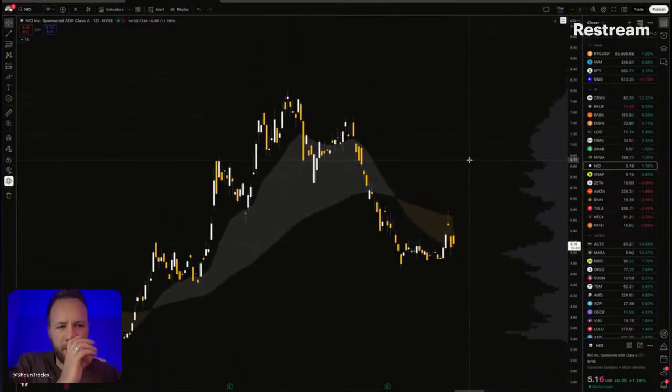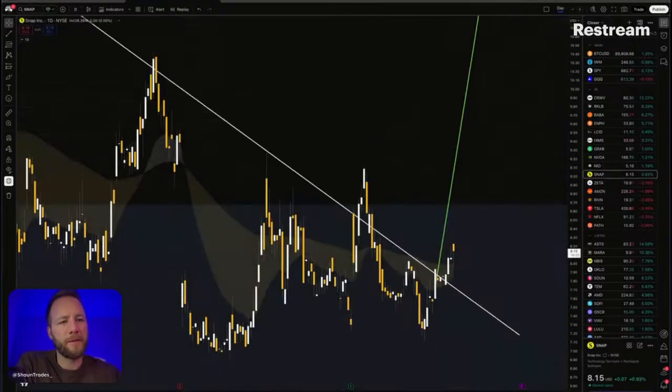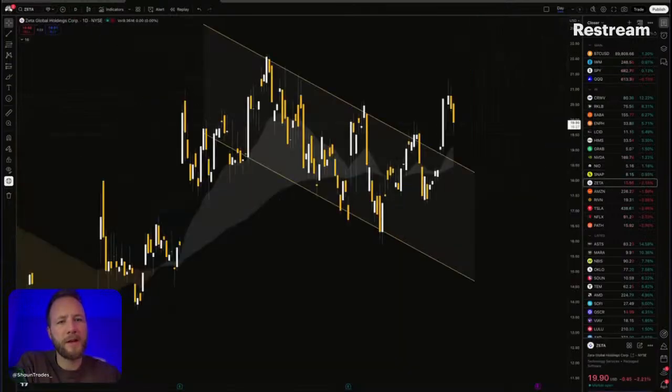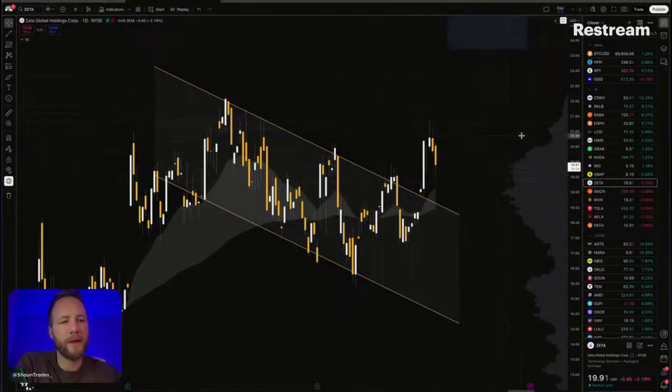Looking forward to seeing how this one performs in 2026. It's been a long time coming for any sort of decent year, apart from 2020. Yes, Snapchat doing okay. Nice bit of price action towards the end there. Zeta had a nice push out of the bull flag. Really nice to see.